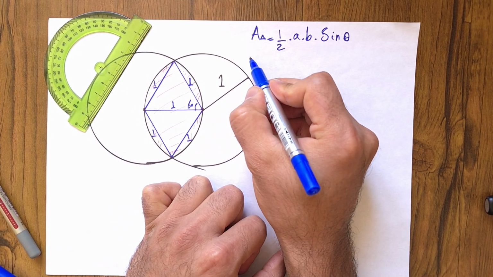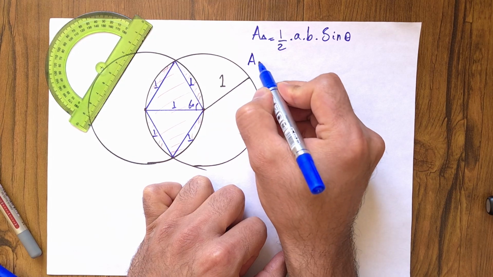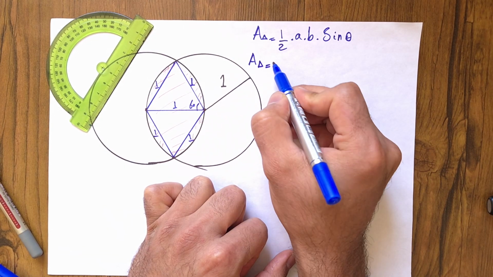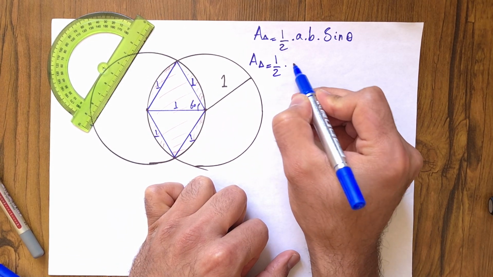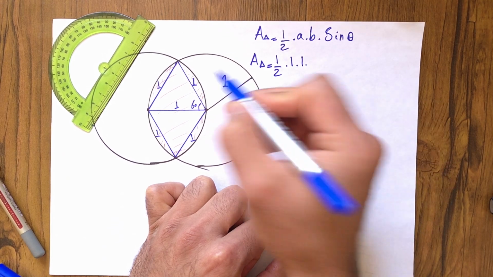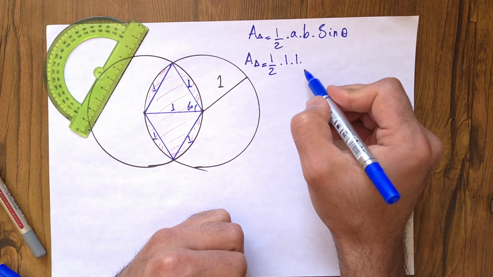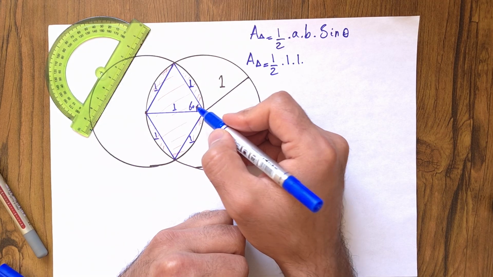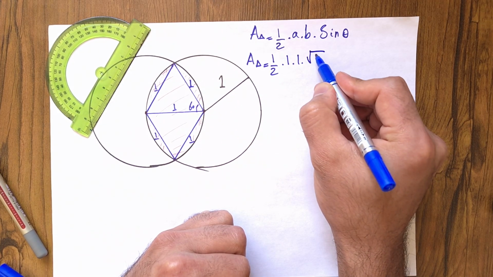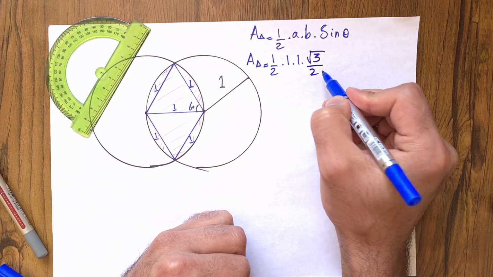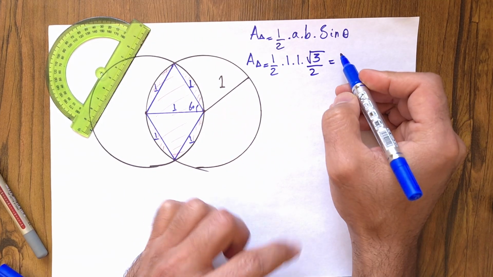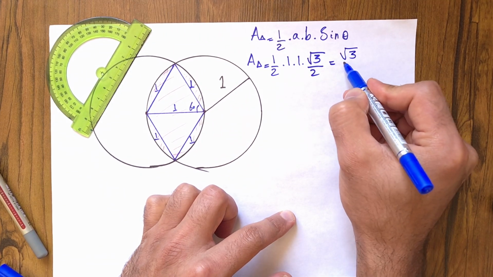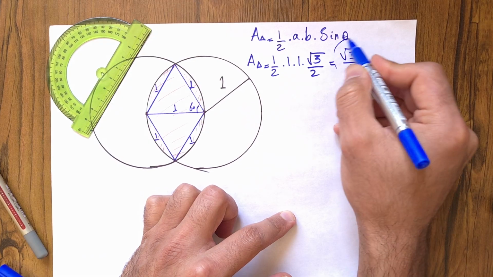So the area equals 1/2 AB, where A and B are just 1, and sine 60 degrees is √3/2. So the whole area is √3/4.